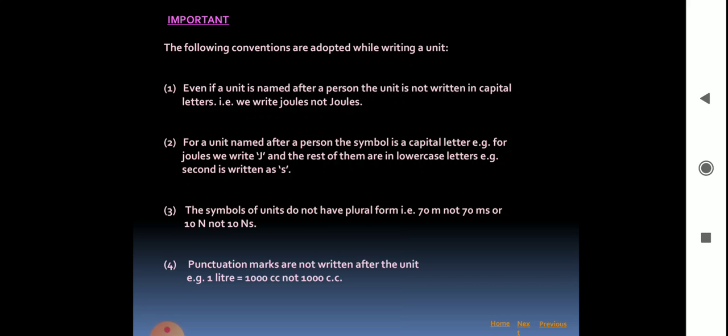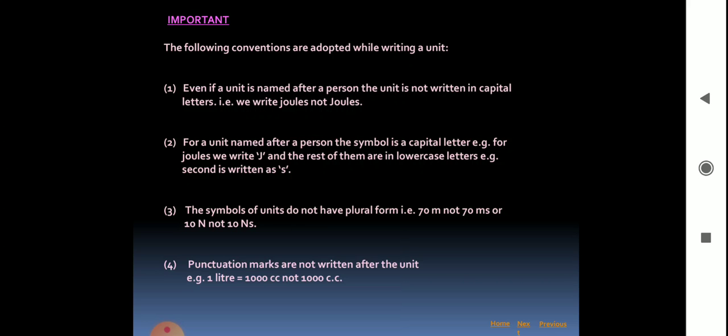The second one: for a unit named after a person, the symbol is a capital letter. Example, for joule we write J and the rest of them are in lowercase letters. Example, second is written as small s. If you are writing the unit as a symbol, for example the unit is joule, but in symbol we have to write a capital letter J, not a small letter.